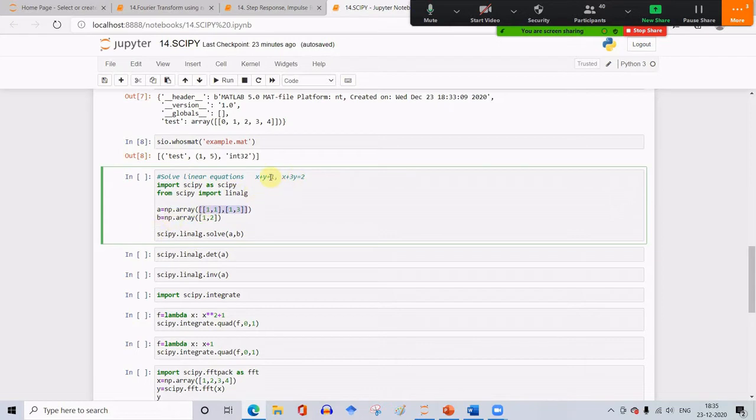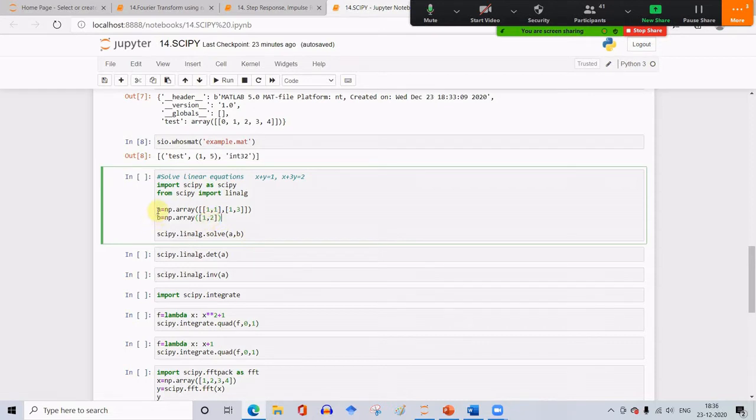And next the right hand side, 1 and 2 are also organized as an array B. So NP dot array within curved brackets and within the square bracket, I am organizing it as 1, 2. This corresponds to the right hand side of the vector matrix equations having 2 by 1 dimension. First element is 1 and the second row first element is 2.